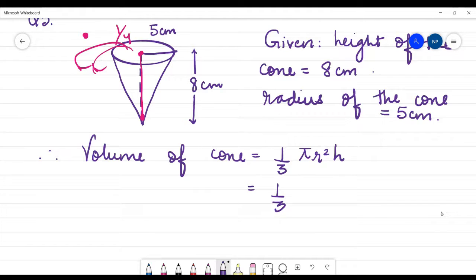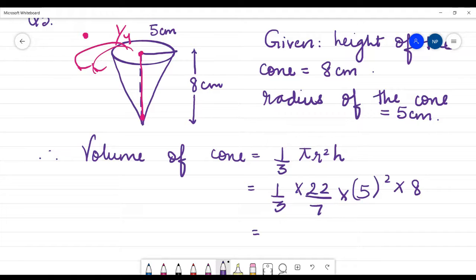The answer will be 1 by 3 into 22 by 7. Radius is given as 5, so we have r square, that is 5 square, into height, which is 8 centimeters. On calculation, you will get 22 multiplied by 25, 5 5s are 25.